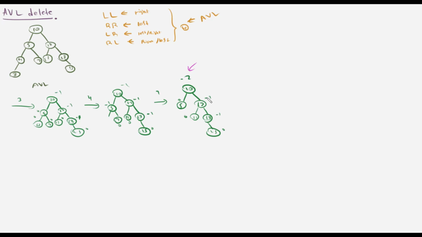So what is the specific case? This is the specific case, right case. But someone can ask, is it not the right-left case? In the previous video I explained this one as well.